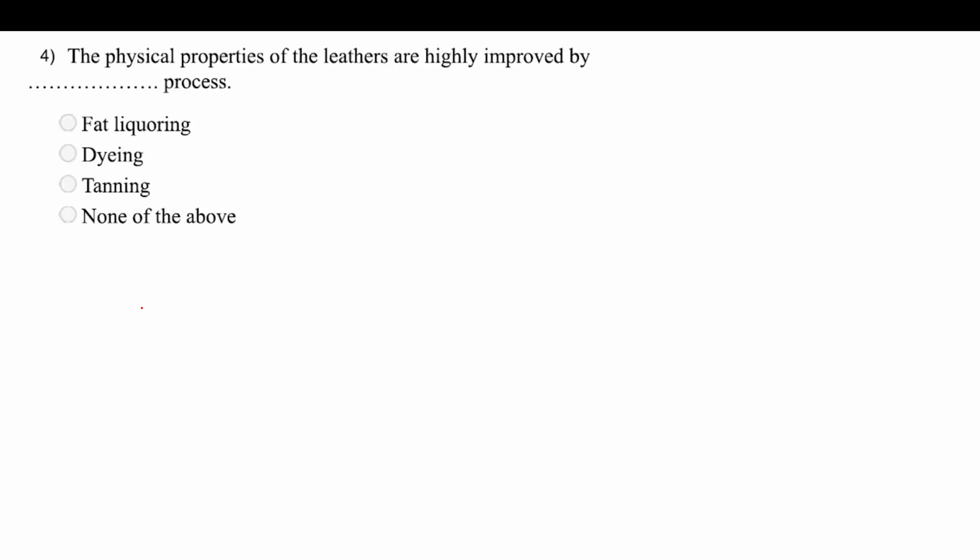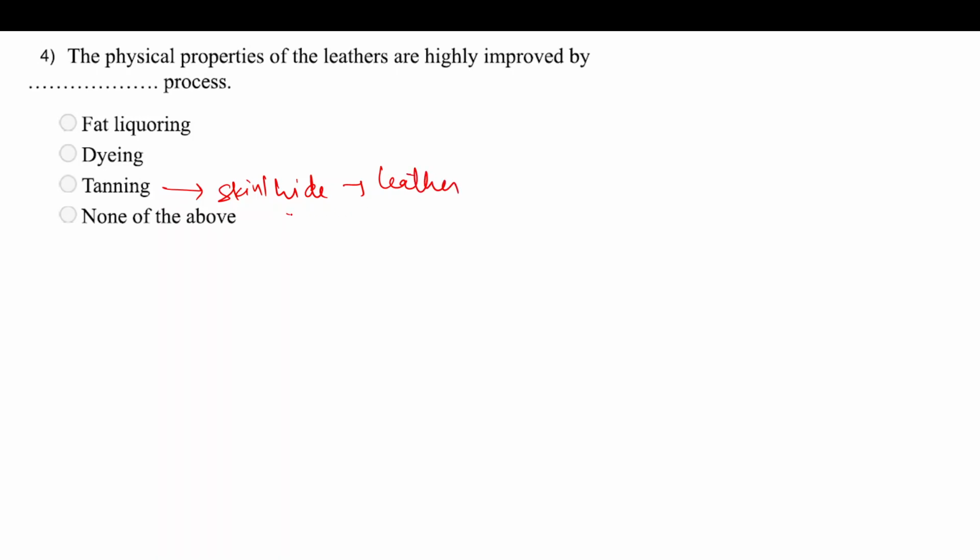Okay. Now moving forward, the physical properties of leather are highly improved by dash process. Tanning. No, tanning is not the correct answer. Tanning is the conversion of skin or hide to leather.